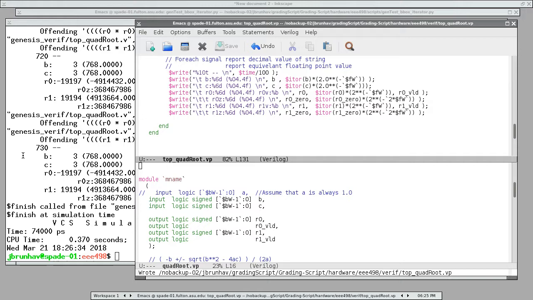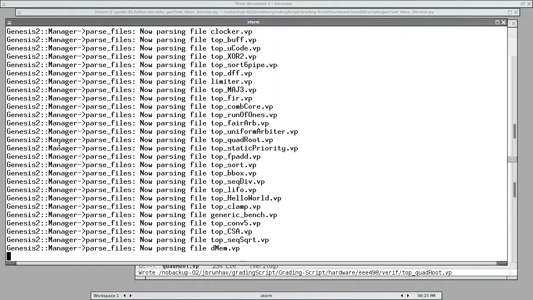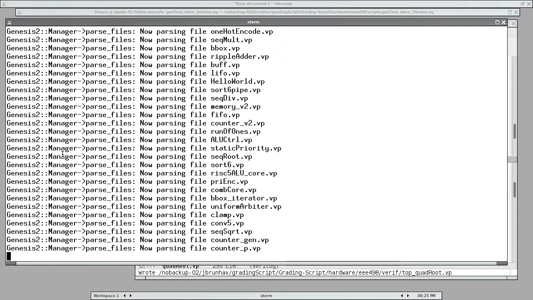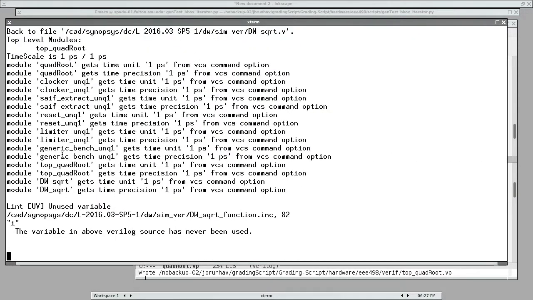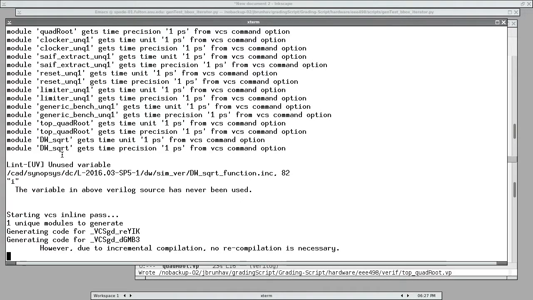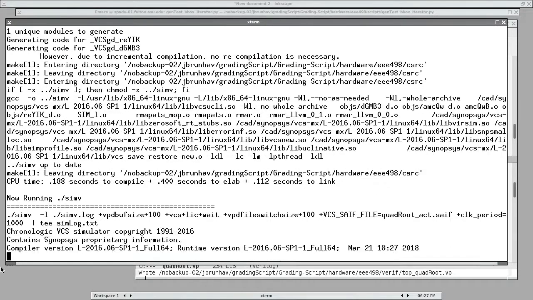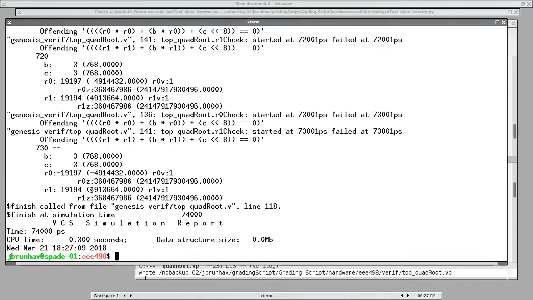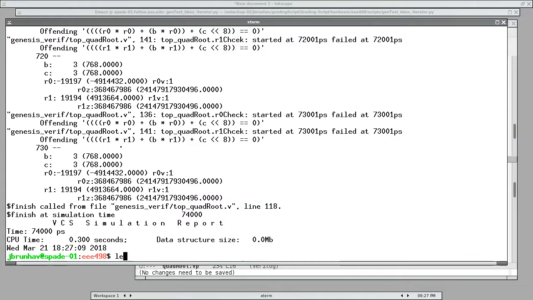So let's try one more time. So right now what we're trying to do is create nicely. Did I forget to save the file? Definitely made those negative.